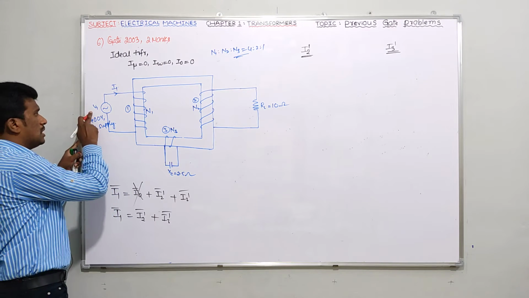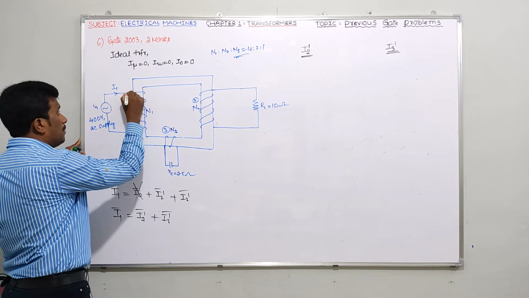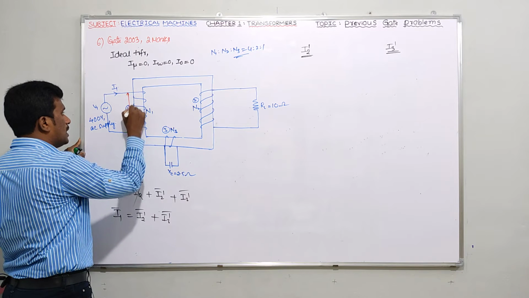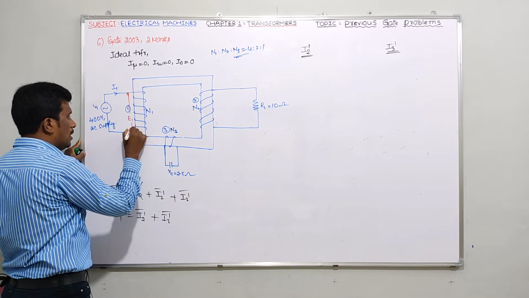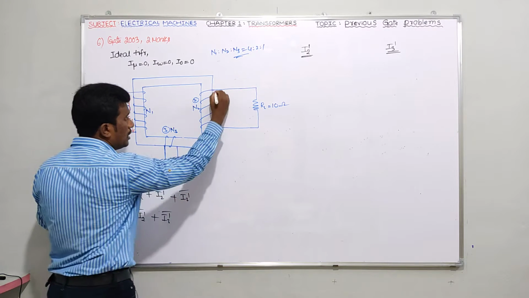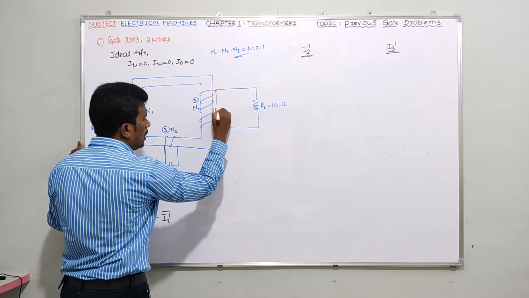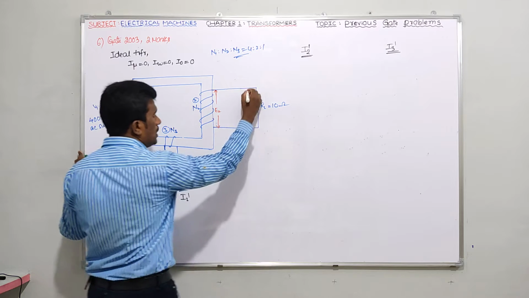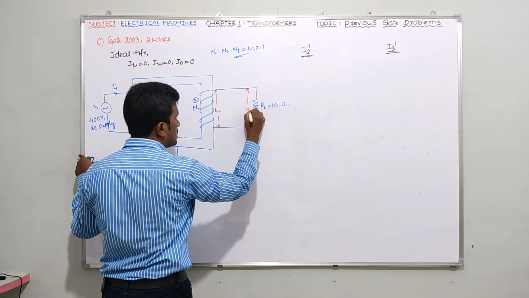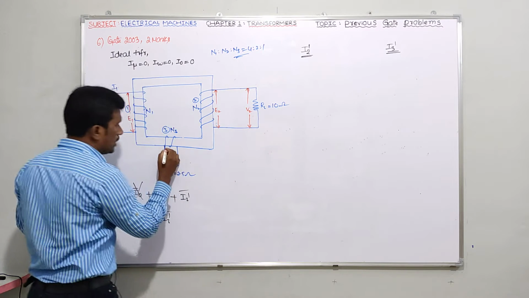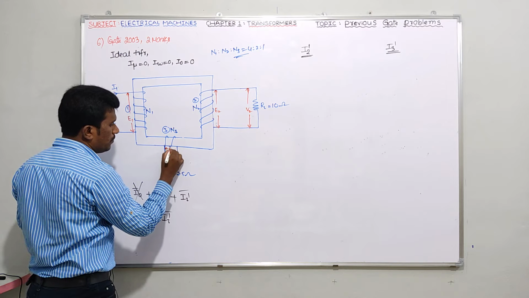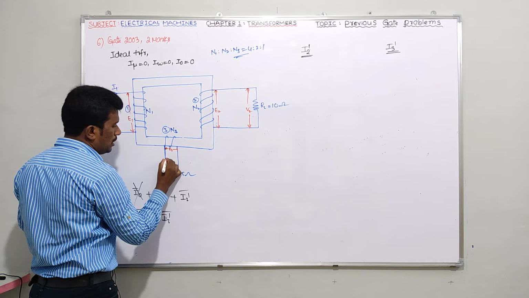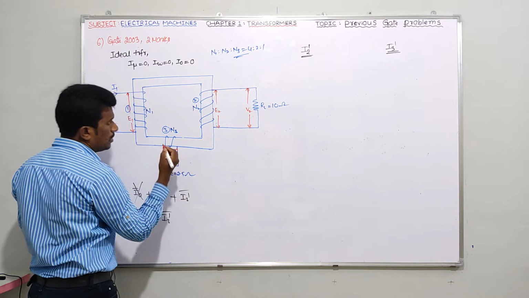Suppose voltage V1 is the primary source voltage, and the primary winding EMF can be taken as E1. The secondary winding EMF is E2, and the secondary load voltage let me take as V2. And this is E3, the tertiary winding EMF, and here the load voltage V3. Is it okay for you?